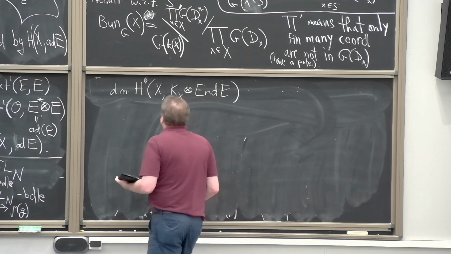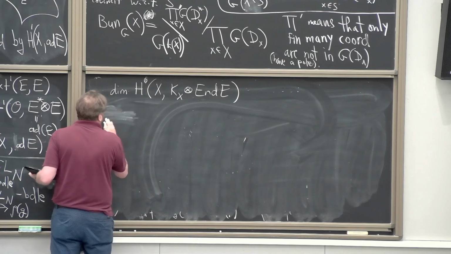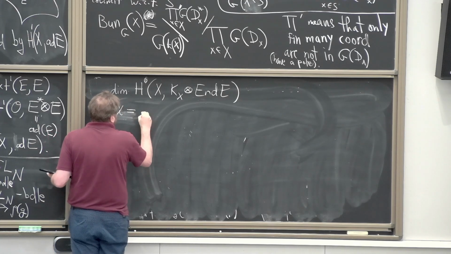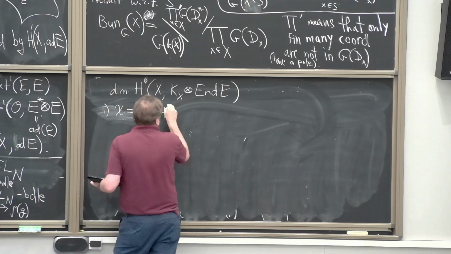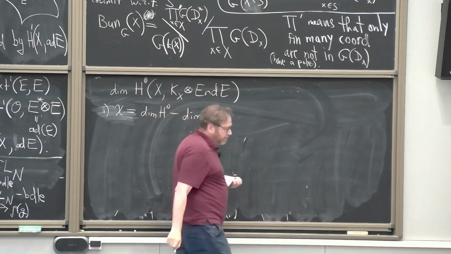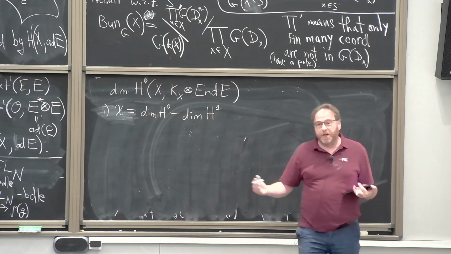Well, for generic bundle, first of all, we have the Euler characteristic, which is the dimension of H0 minus dimension of H1. And as always in geometry, Euler characteristic is a very robust thing. It does not change under deformations.